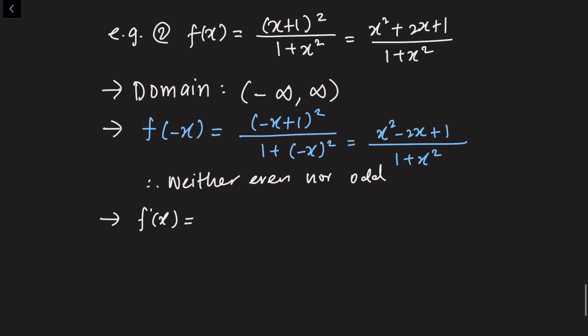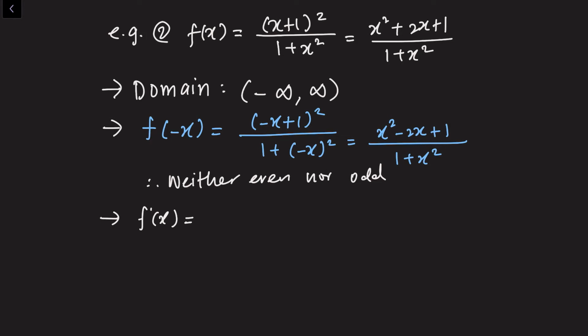I think it's up to you. You want to differentiate this one, also can. You want to expand, then differentiate, also can. But I think I will differentiate the original one because maybe we can cancel out something. Just need to use the chain rule for that. So quotient rule: copy bottom, differentiate top.